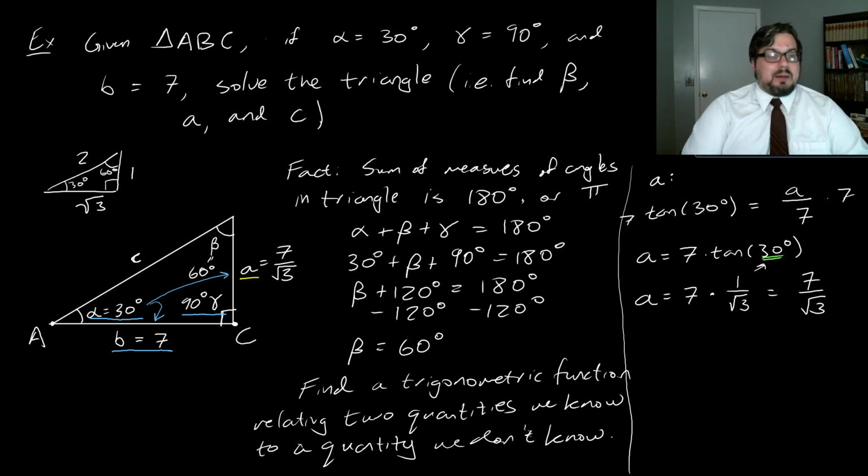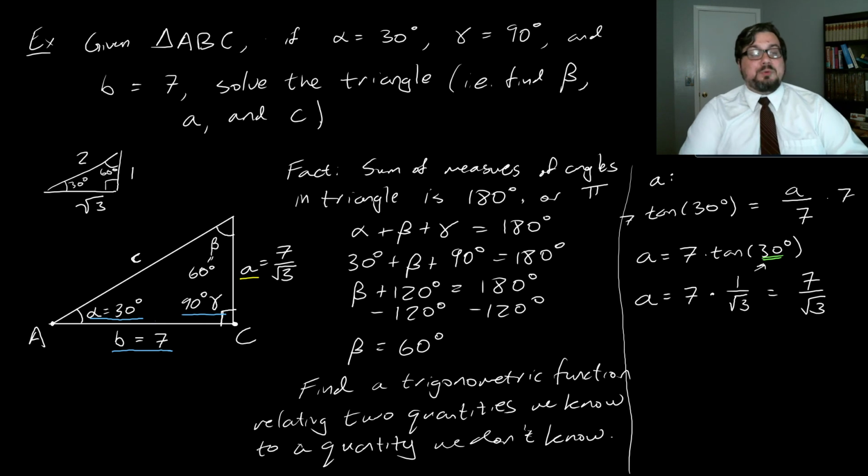Once again, we want to come back to the picture, and we want to relate the quantities we know about, the quantities that we were told about at the beginning, the 30 degrees, the 90 degrees, and the 7, with the quantity that we're trying to find, which is C. So again, we look at this angle and we want to relate the C up there on the hypotenuse with the 7 that sits adjacent to this 30 degrees, because the 7 is the side length we know about. And the function that does that is cosine.